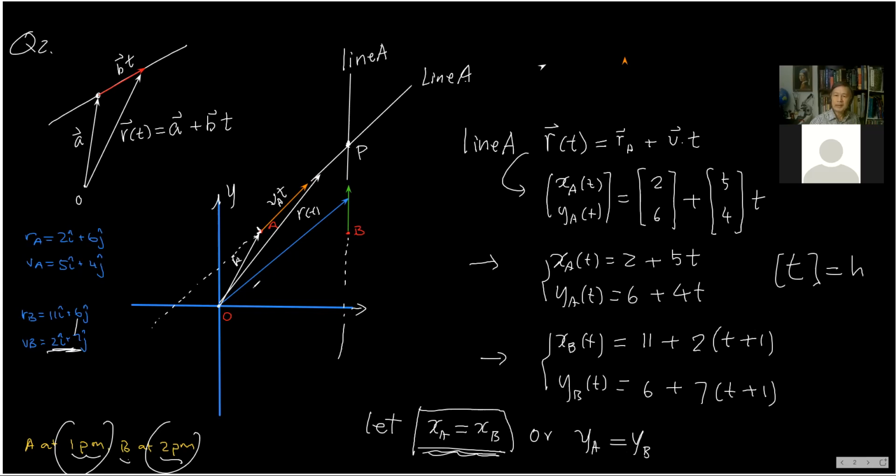Because you just remember, we just follow their coordinates, right? So the coordinate, this is XB at time t, okay? And when this x equals this x, they will collide. Perhaps you have to solve the simultaneous equations, right? So that t, can you solve one of them at a time?